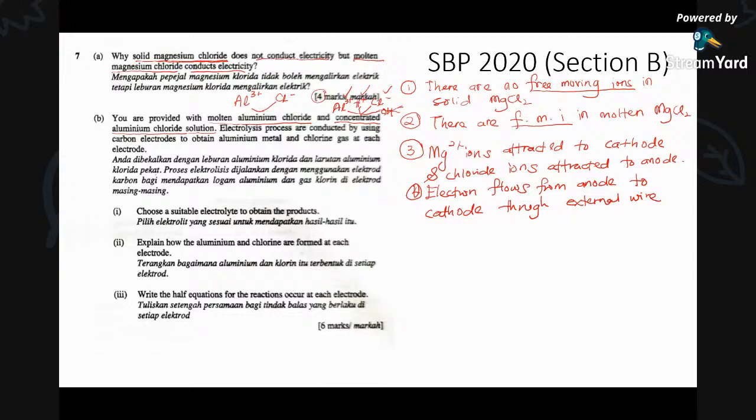So the electrolysis process is conducted by using carbon electrode to obtain aluminium metal and chlorine gas at the electrodes. So they already decide these are the products that need to be produced at each electrode. They say choose a suitable electrolyte to obtain the product.